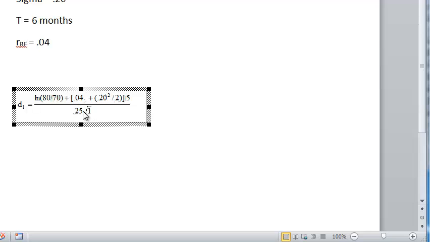In the denominator, we're going to change that to 0.2, and again time is 0.5.